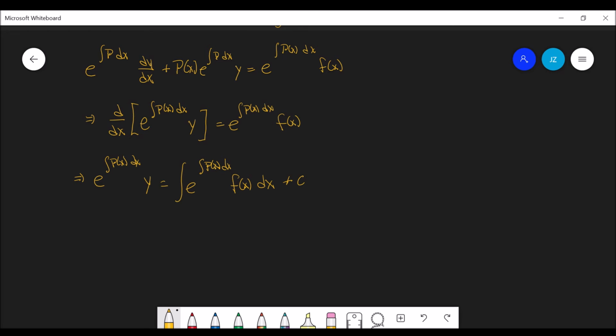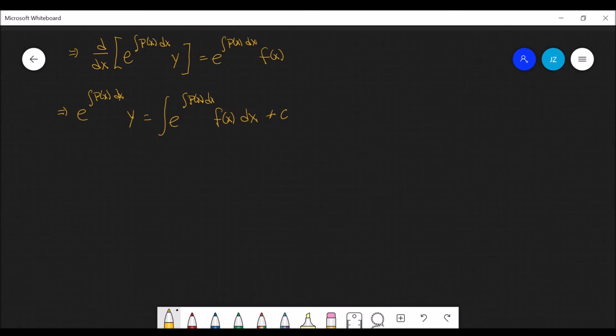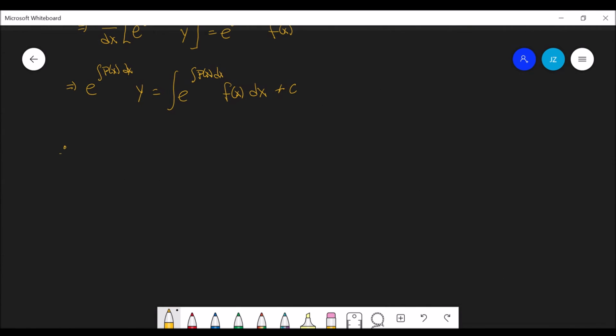We now solve for y, and we get a general solution of the form y of x equals e to the negative integral p of x dx times the integral of e to the integral p of x dx f of x dx plus c times e to the negative integral p of x dx.